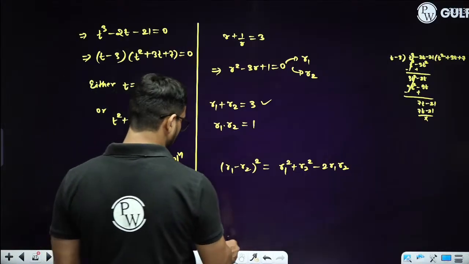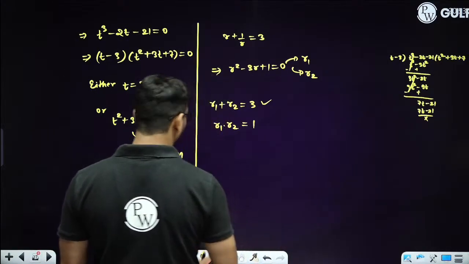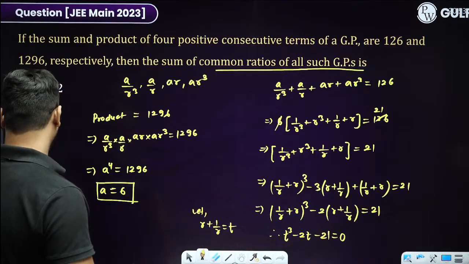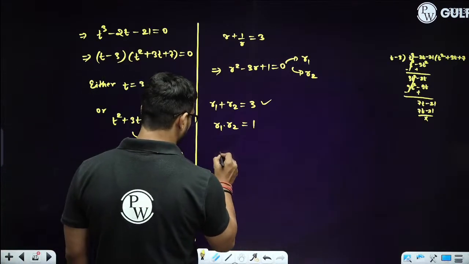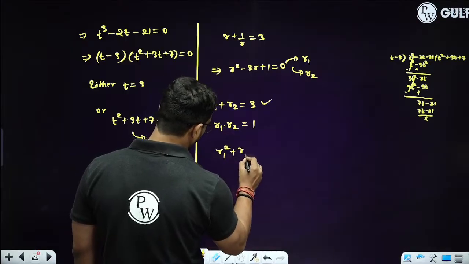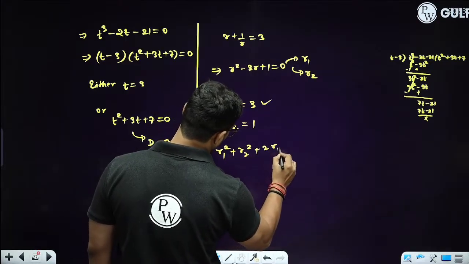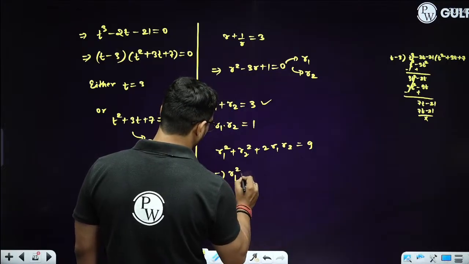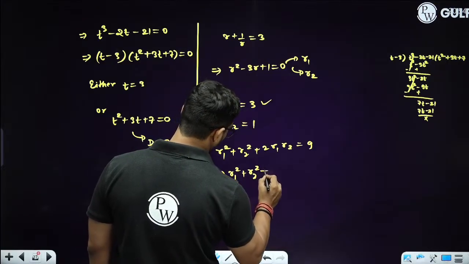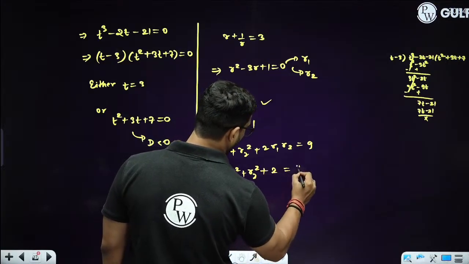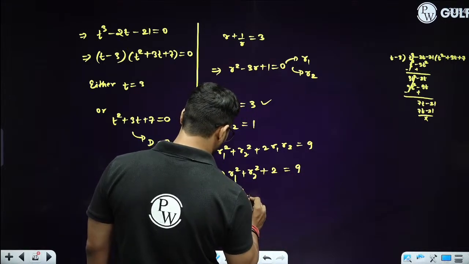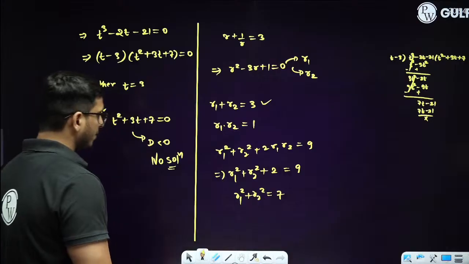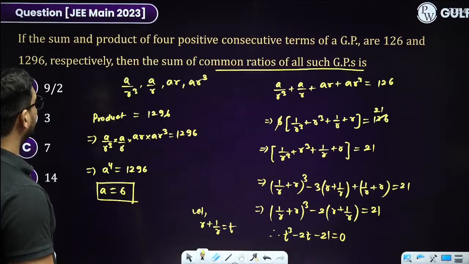This 7 can only be possible if r1 square plus r2 square plus 2 r1 r2 equals 9. So in that case r1 square plus r2 square is 7. But they haven't said this, no?